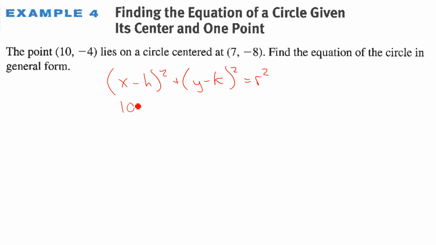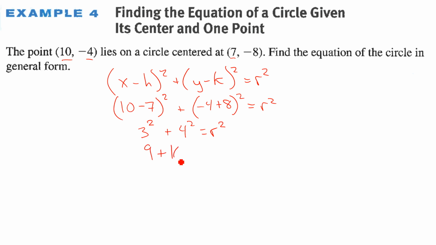Remember, the x and the y numbers are the points on the circle, minus the center, so 7, squared, plus the y, negative 4, minus negative 8, squared equals r squared. All right, so now we can say 3 squared plus negative 4 plus 8 is 4 squared equals r squared. 9 plus 16 equals r squared, and so 25 equals r squared.